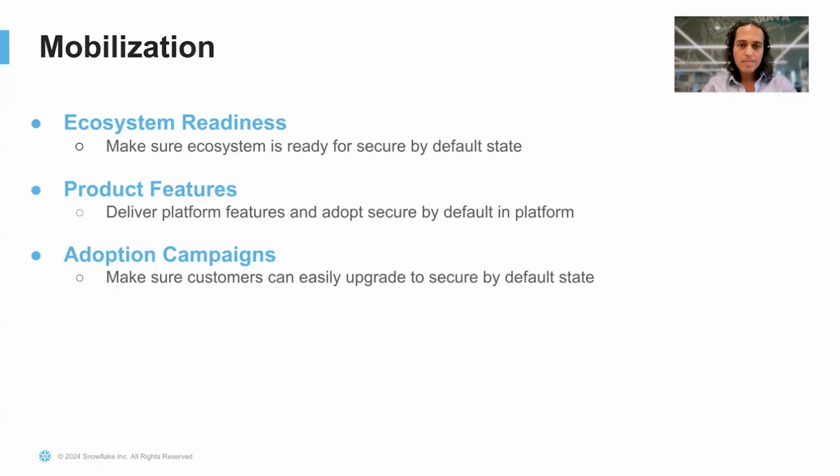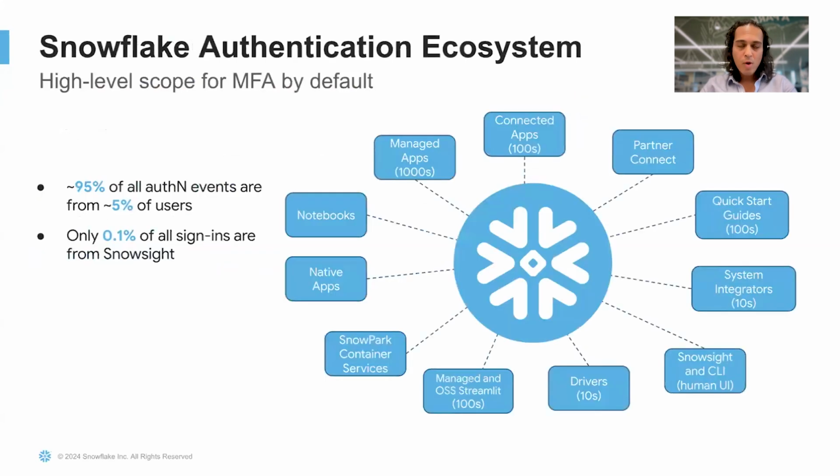Now, for us to get to that North Star and helping our customers to adopt that security posture, there are three things that need to happen. One is around ecosystem. When you look at the number of ways that our customers connect to Snowflake, there are multiple paths.